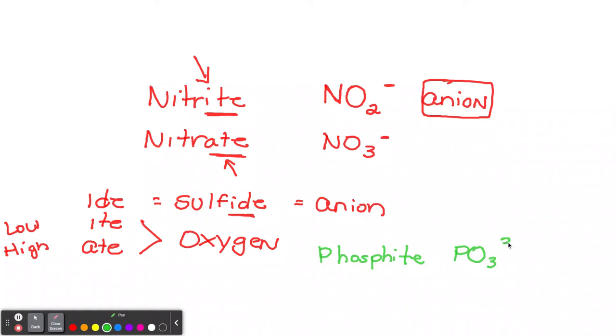And this 3 here, this superscript, is saying it has 3 what? 3 extra electrons, and there's a negative symbol. So sometimes phosphite, the ite here, could have 2, it could have 3. And if it has 3, that means that phosphate, which is more popular, people know that one better, would have 4. And of course, this 3 on top is saying it has 3 extra electrons.